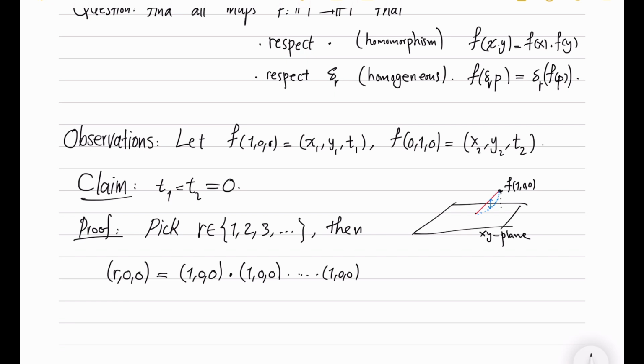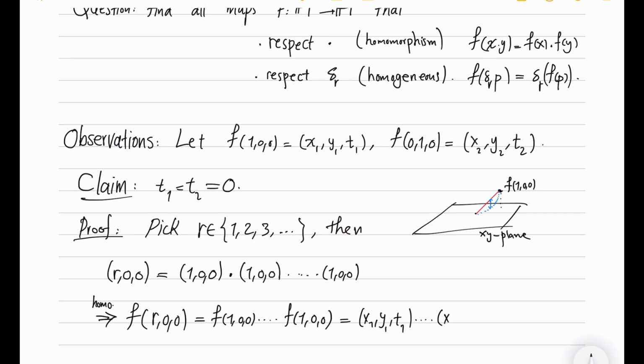And from this, from the homomorphism property, we will have that f of (r, 0, 0) is f of these multiplied r many times, and this will be (x1, y1, t1) multiplied into itself r many times.